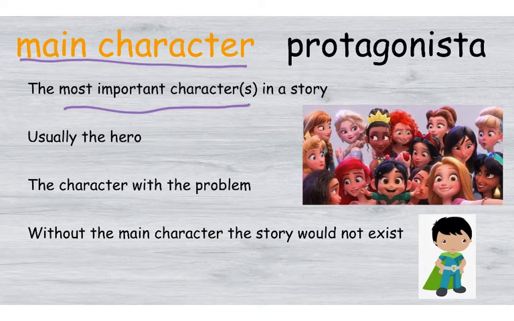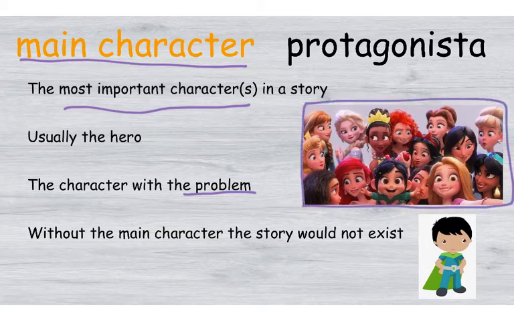Remember how before, at the beginning of the year, we talked about the problem and the solution? So the main character is usually the one with the problem. So main character is protagonista.